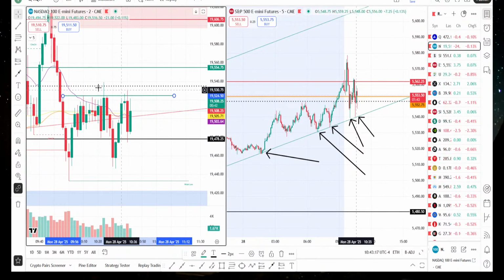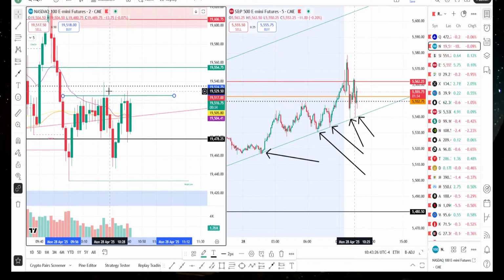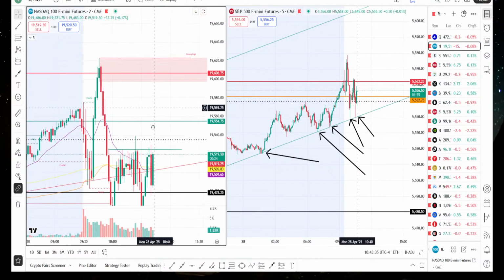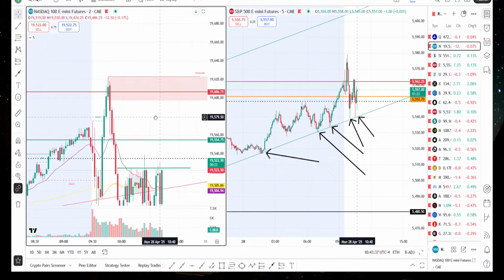They have to have us take shorts here. They have to have us step in and sell here. And they need us to put our stop loss up here so that they can get it. So if they can build a lot of orders here, then the banks can buy it here, expecting it to go higher. Because they don't want to buy up here.